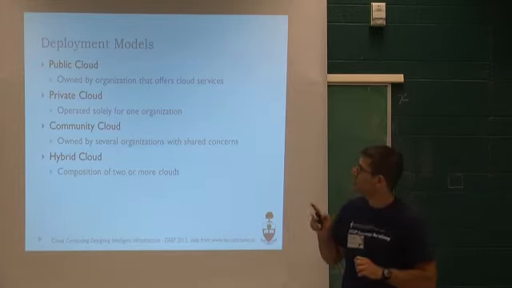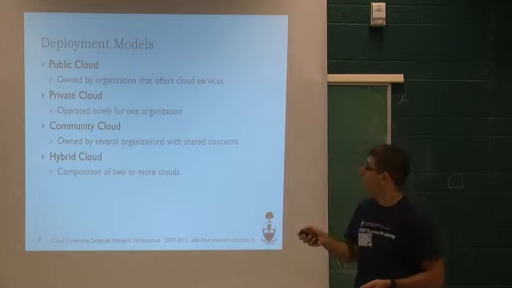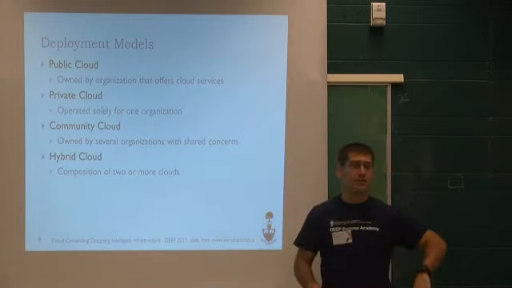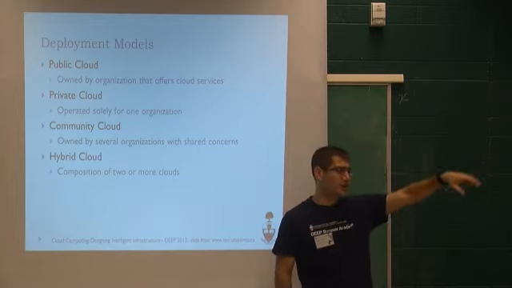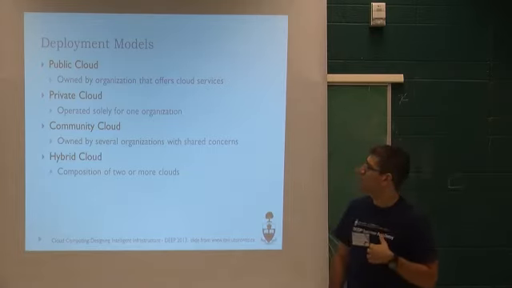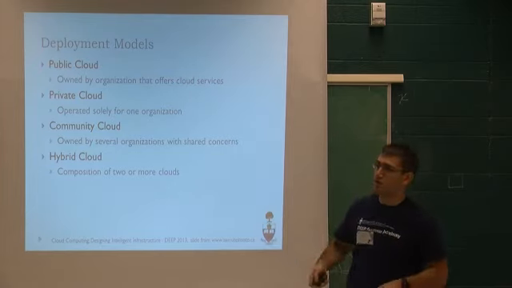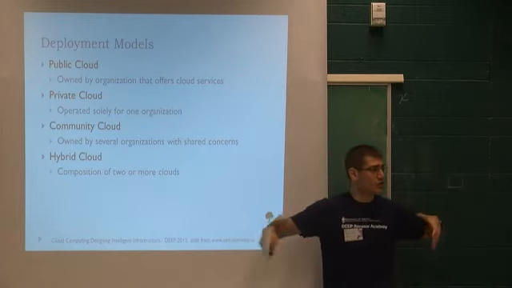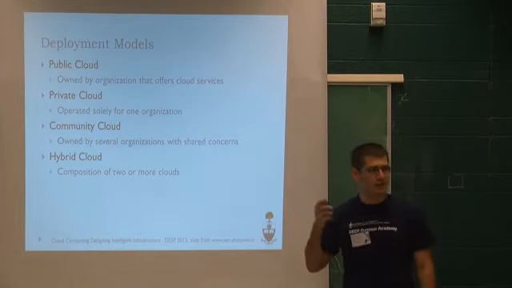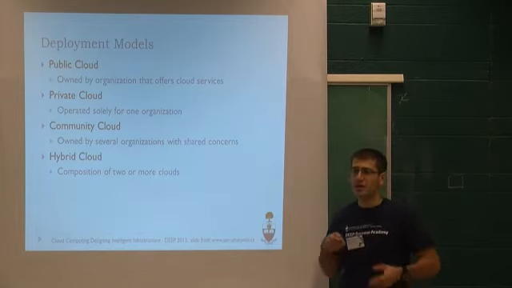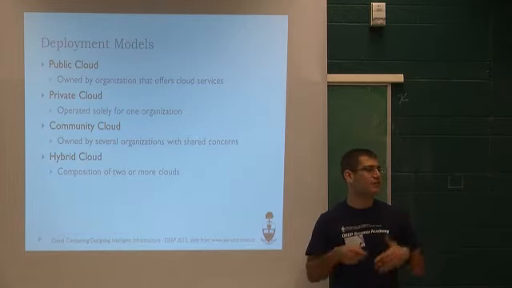So the deployment models, there are different ways that companies now are using cloud computing. There's the public cloud. So this is everything is done at another facility by a different company, and you don't own any of those resources. Another one is private cloud. So you set up your own cloud computing service on your system. We'll discuss these, but there are particular cases where that might be helpful, especially if you don't want to, let's say, share some of your sensitive data and things like that.